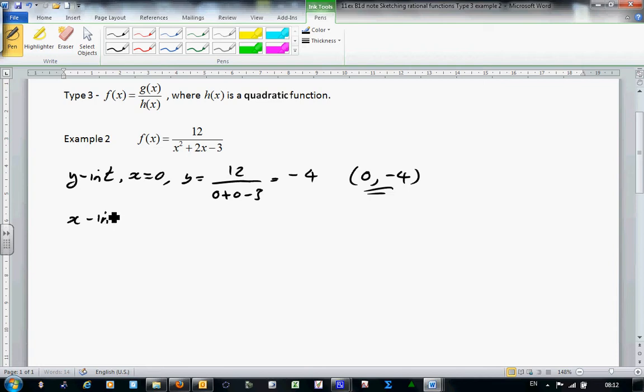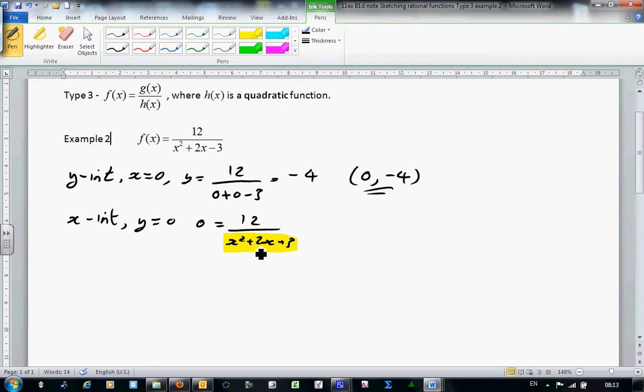x-intercept is when y equals 0. And in this case then, we have 0 equals 12 over x squared plus 2x minus 3. Again, the yellow is dividing.